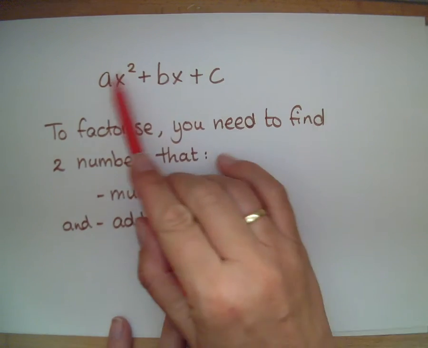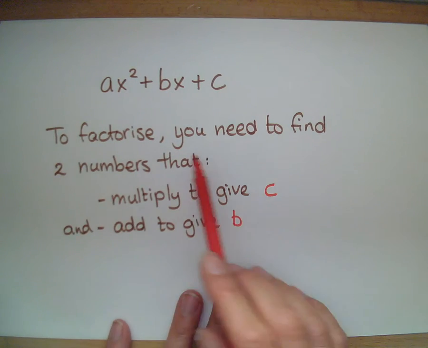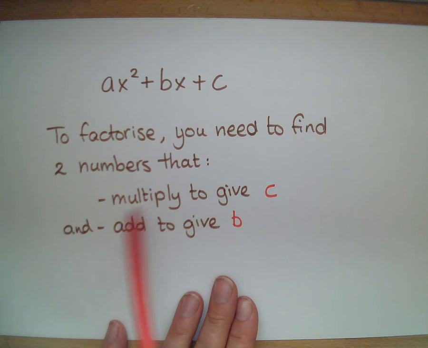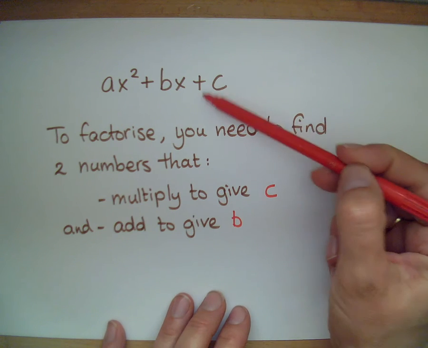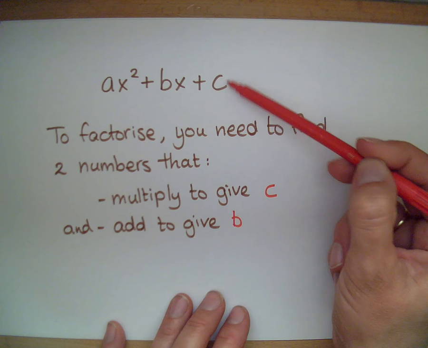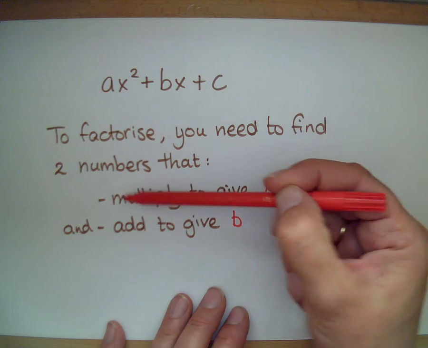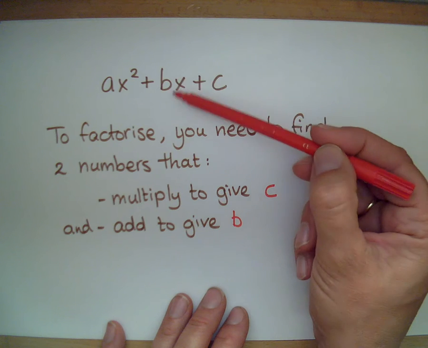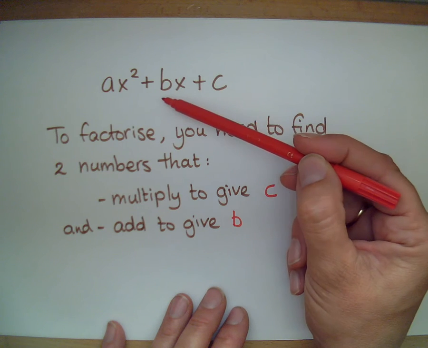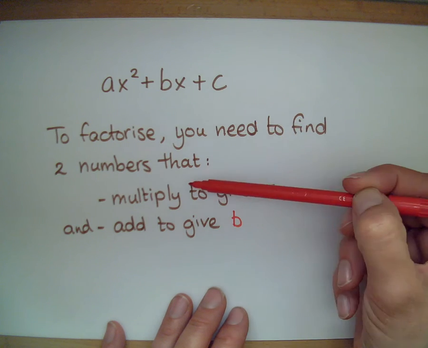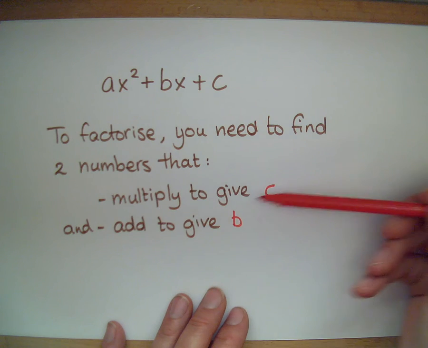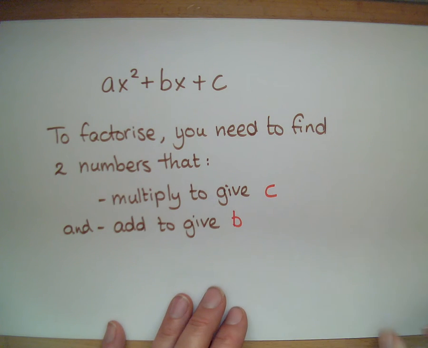All right, if this is a quadratic expression, then to factorize, you need to find two numbers that multiply to give c, whatever c is in your expression, and that also add to give b, whatever b is in your expression. So two numbers that both multiply to give c and also add to give b.